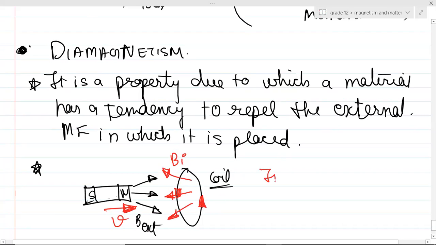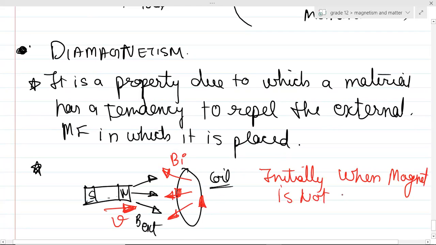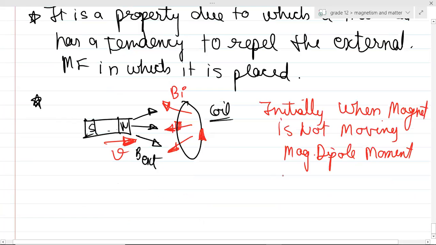Initially, when the magnet is not moving, can I consider the magnetic dipole moment of the coil as zero?